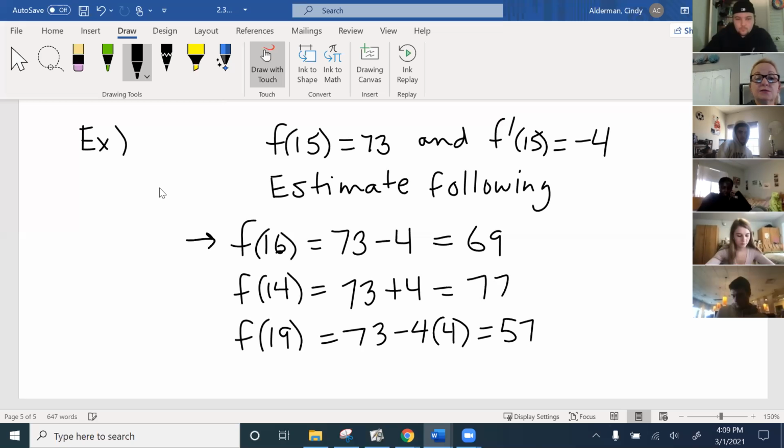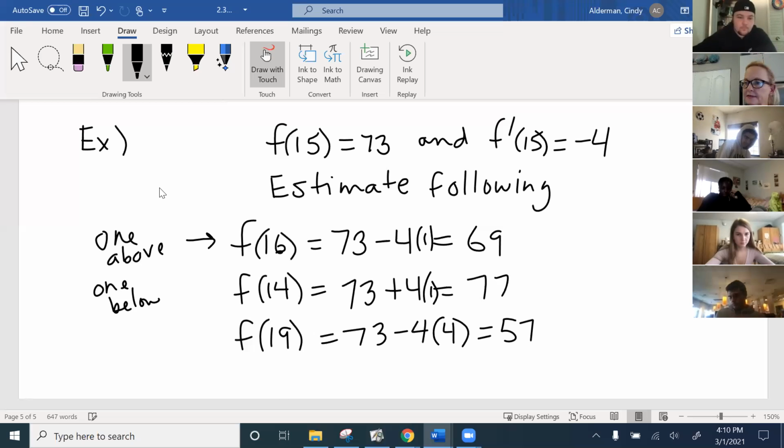This one is 1 above, so you just subtract 1 rate of 4. This one would be 1 below, so you're going to add 1 rate of 4. Really, we could say something like 1 in here and here, because it's just 1 unit away. But 19 is 4 units away. So that would mean that you could predict that f of 19 would be 57.